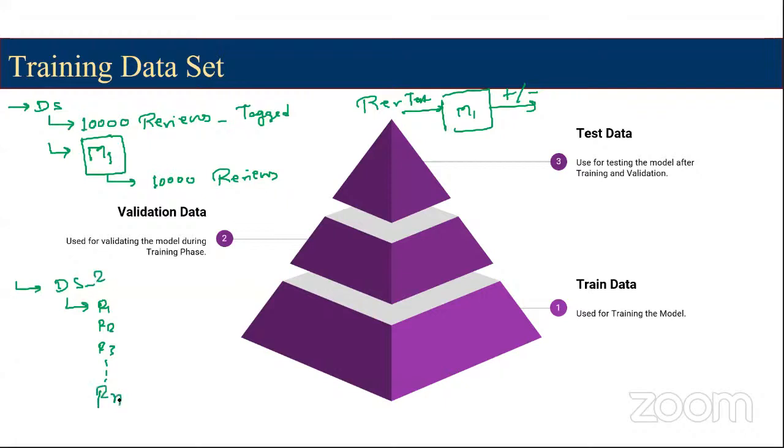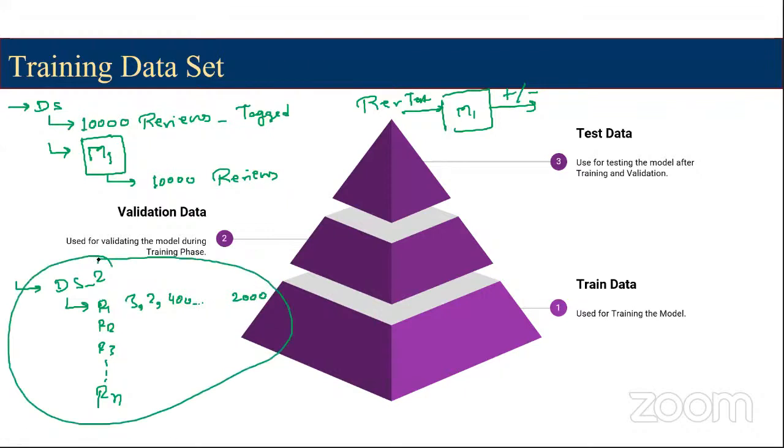In each record, we have the bedroom information, then the balcony information, area of the property, and so on. And then I'm also given the property price, say something like 2000 INR. Now, can we use this data set for evaluating M1?